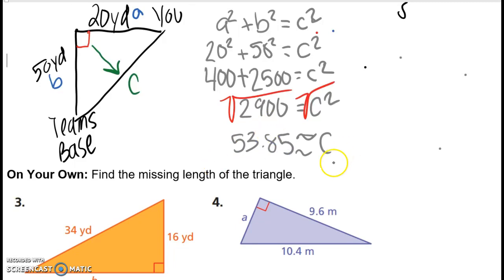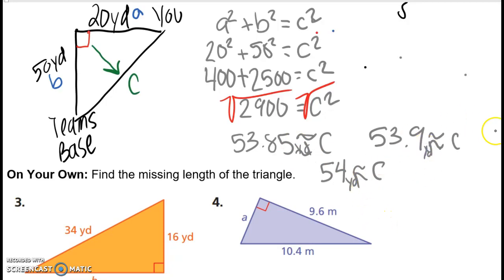Or if you round to the nearest whole, it's about 54, or if you round to the nearest tenth, it's 53.9. Depending upon what your teacher likes you to round to, so here's 2 decimal places, 1 decimal place, nearest whole number, and then you just have to add your units behind it. So then you just add the yards behind it.